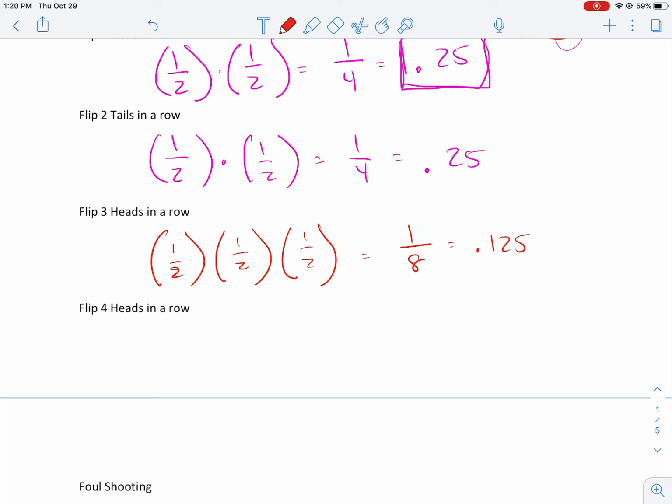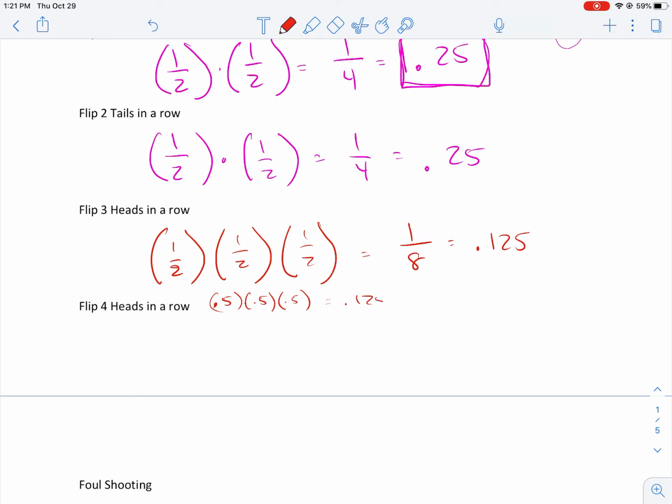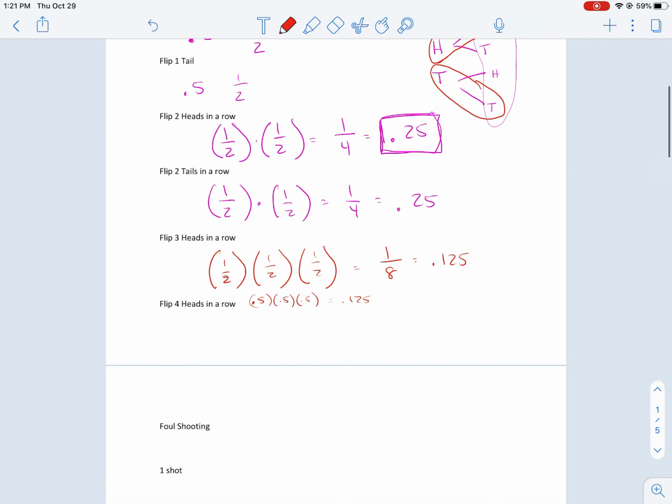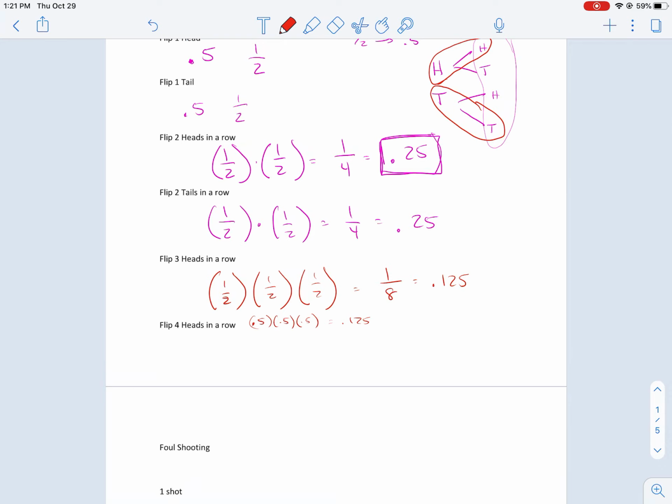Also, if we were to multiply 0.5 times 0.5 times 0.5, we end up with 0.125. So however you would like to think about things. I leave them in fraction form because, well, you'll see why down the road. So leave them in fraction if that makes sense to you, because it'll help your answers in the end.